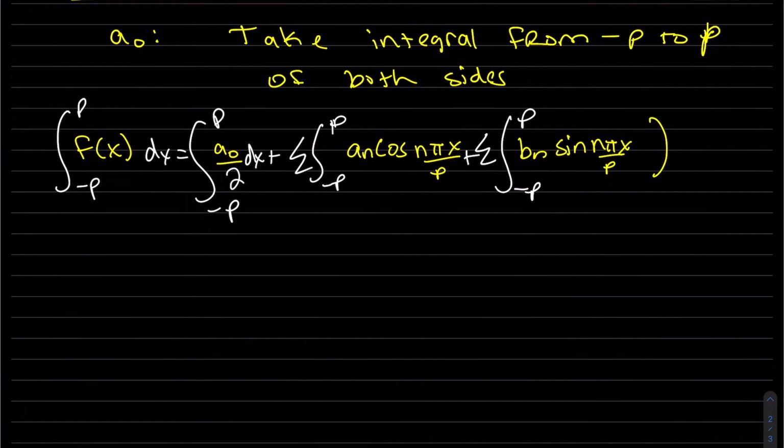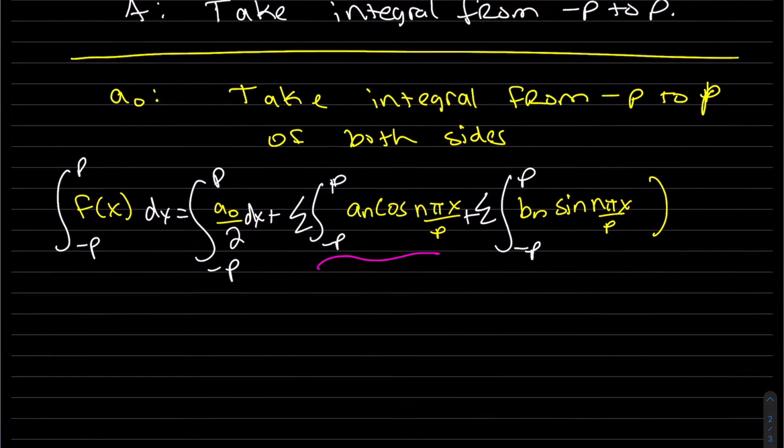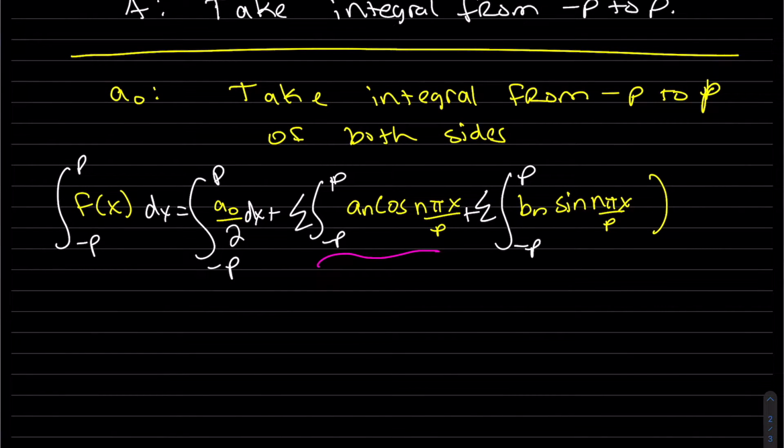Now you can see here we have the integral of the cosine of x, which we just showed was 0. It's orthogonal, 0. And same with this one. It's orthogonal because we dot producted it with the 1 above, and we already did that. So this is 0.